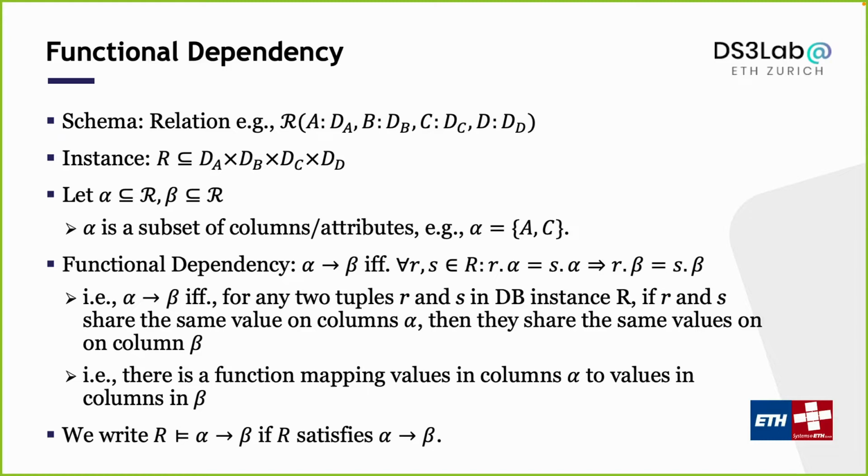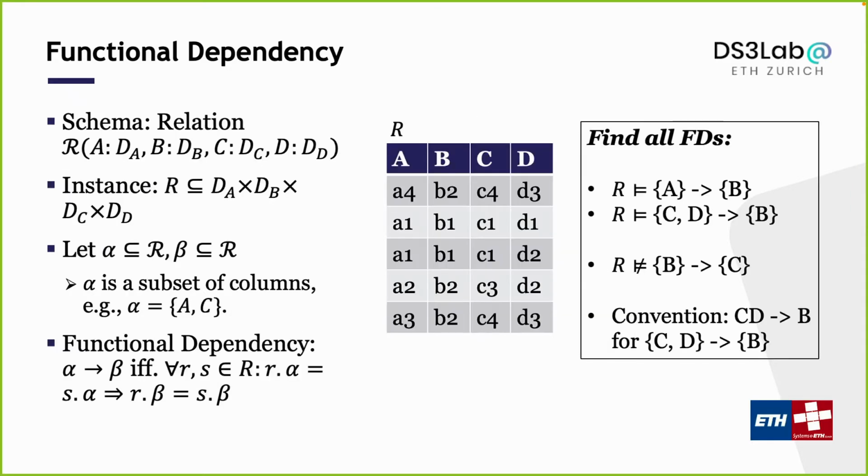So this is pretty abstract at this moment, but intuitively it makes sense. If there are 2 subsets of attributes of the relation, alpha and beta, and alpha decides beta, it means that for any 2 tuples, if they have the same alpha value, then that implies they have the same beta value. So let's look at a concrete example. We have this relation here, R, with 4 different attributes.